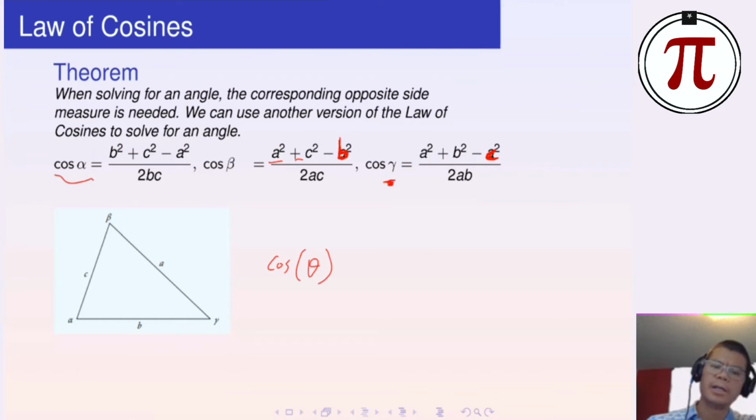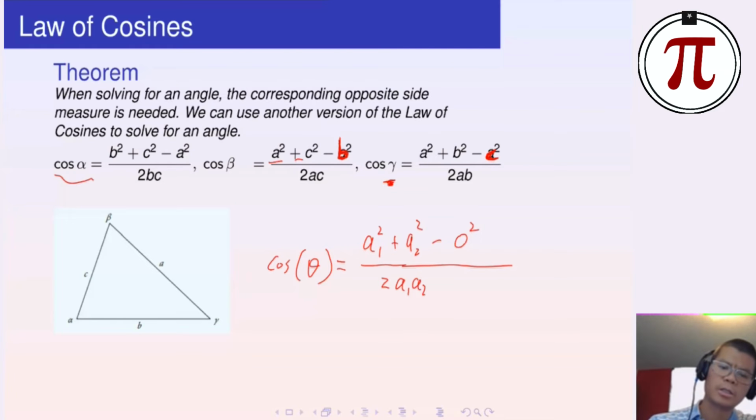Let's say theta. Cosine theta equals what? Adjacent 1 squared plus adjacent 2 squared minus O squared, over 2 times A1 times A2.